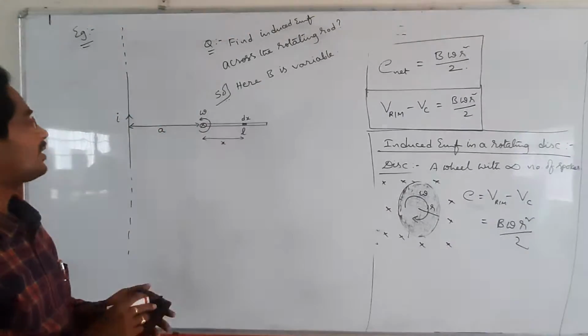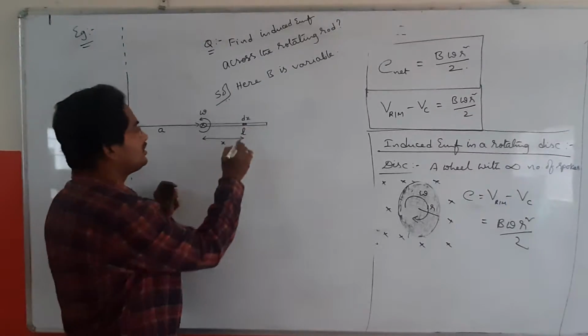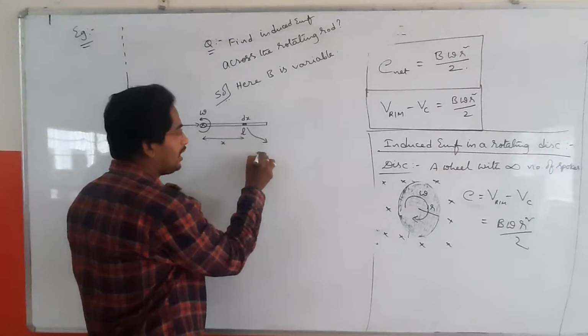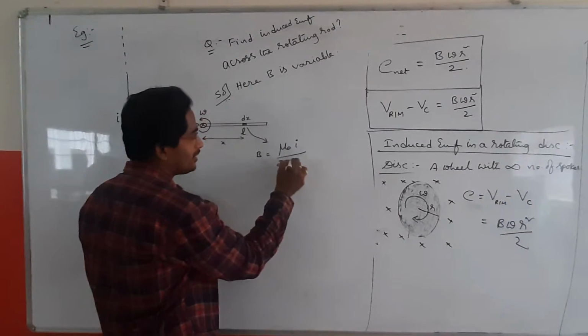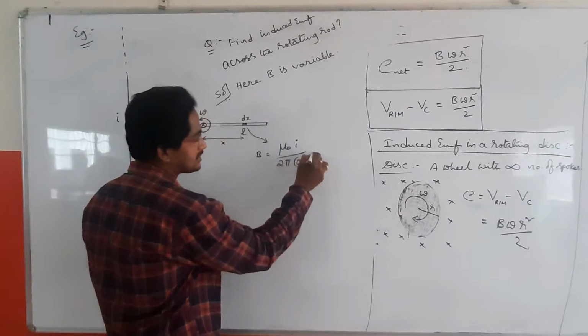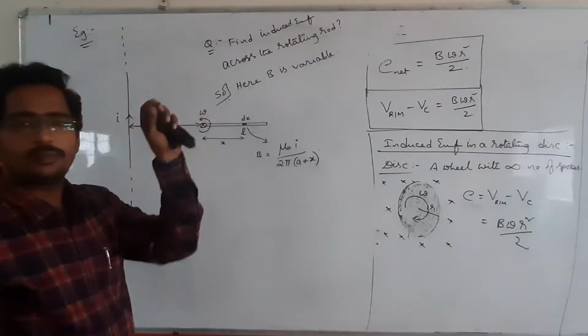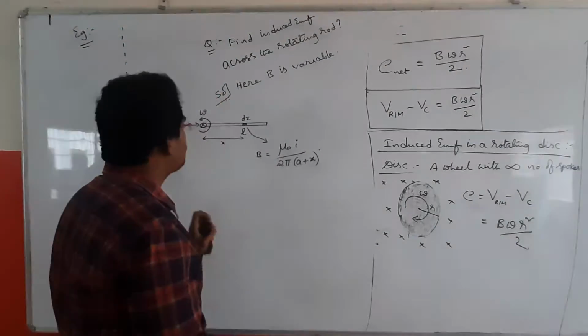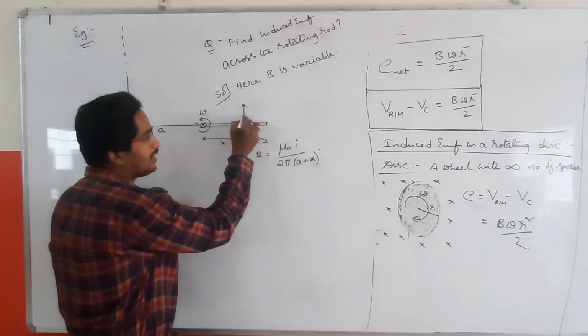Now first of all, write the B value at this point. B equals mu naught I by 2 pi into a plus x. If you treat it as a small rod moving with velocity, what is the velocity of the small element?